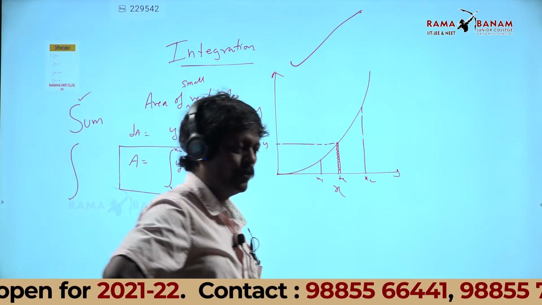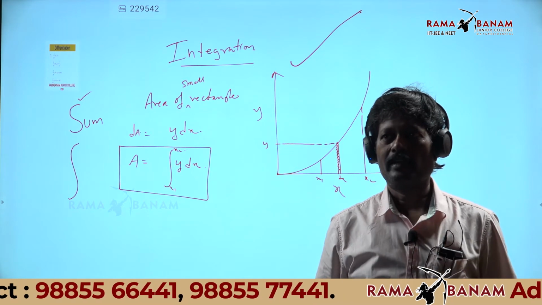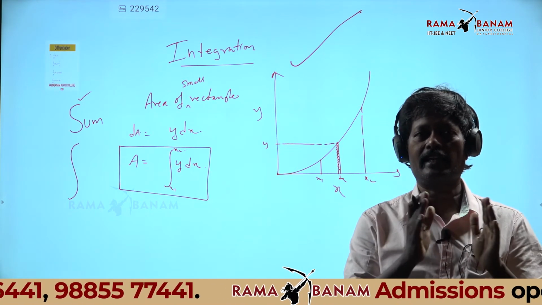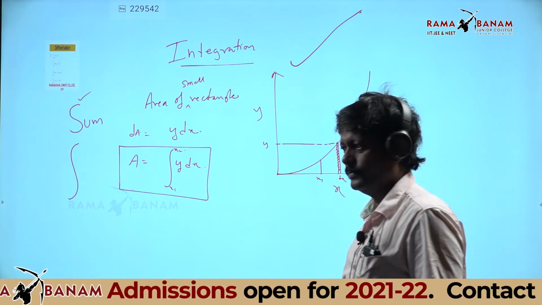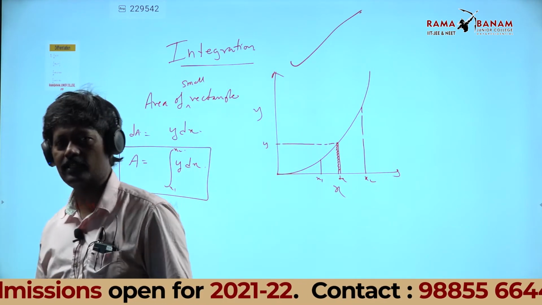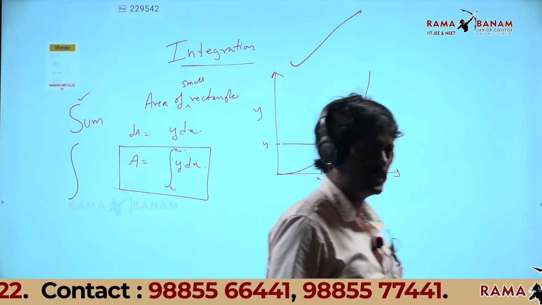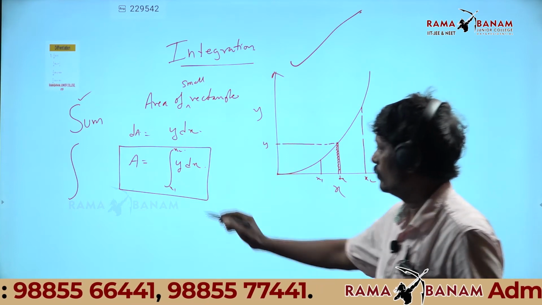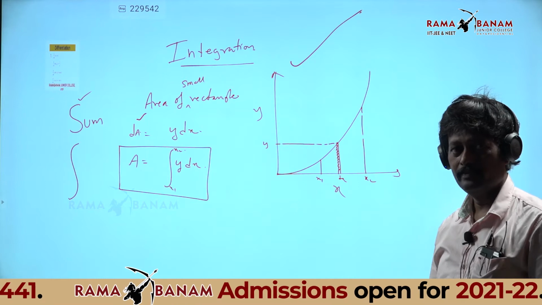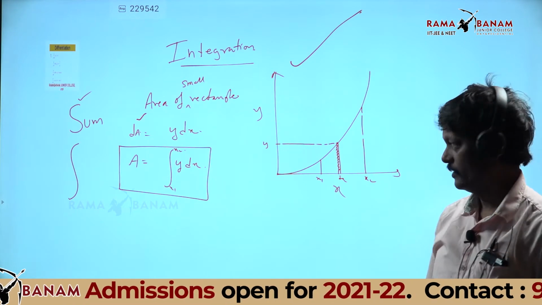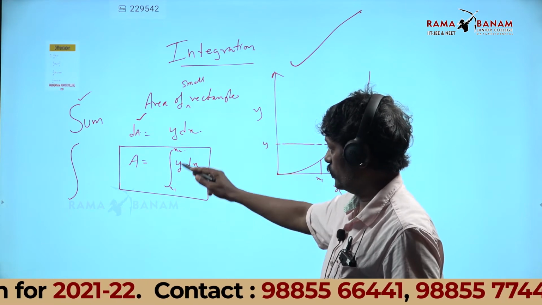Integral y dx means adding all such small rectangles, and I will get the total area. What is dA? dA means small area. A means total area, with limits from x1 to x2.